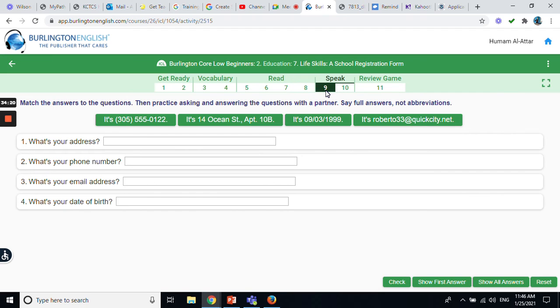Okay. Now we need to match the answers to the questions. We have questions here and we have answers on the top. We need to match each one of these questions to the correct answer. So I'm going to ask, and you will answer. What's your address? I don't need your actual address. I need the address that you can find here to match to this question.